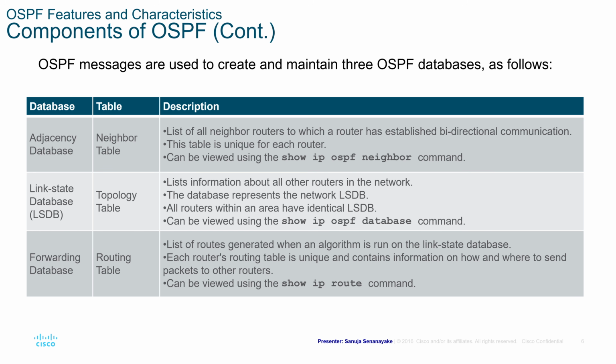So if you have a Cisco router, you can run the show ip route command with the OSPF setup, and you can view the forwarding database. So the forwarding database has the routing table, and that list of routes is generated using an algorithm when it is run based on the link state database. This database, the routing table, is built on the database from up here.